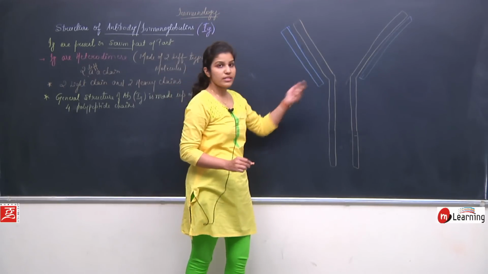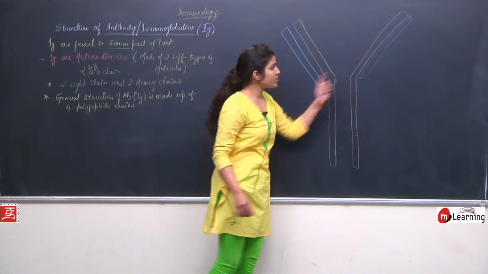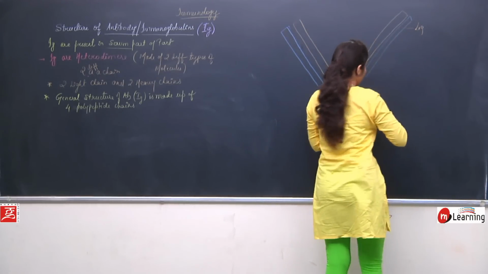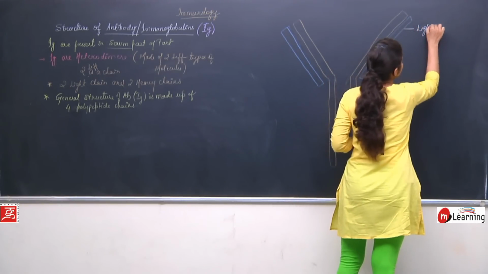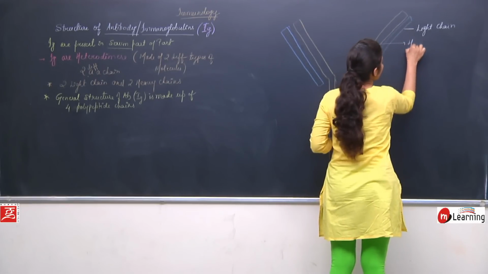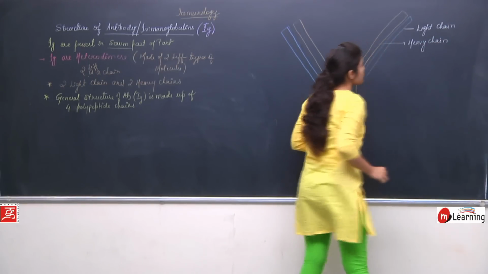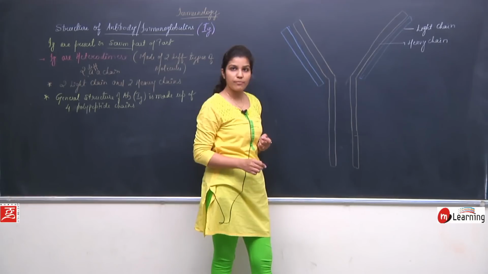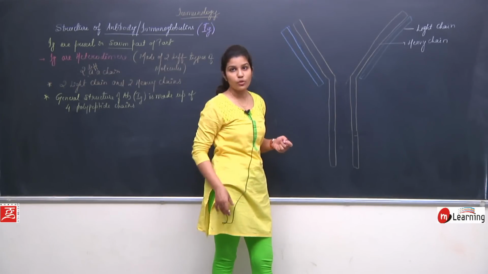Okay, this is the common structure of our antibody. We have 2 light chains. These are our light chains, and these are our heavy chains. Okay, 2 heavy chains and 2 light chains comprise 4 polypeptide chains made up of amino acids.